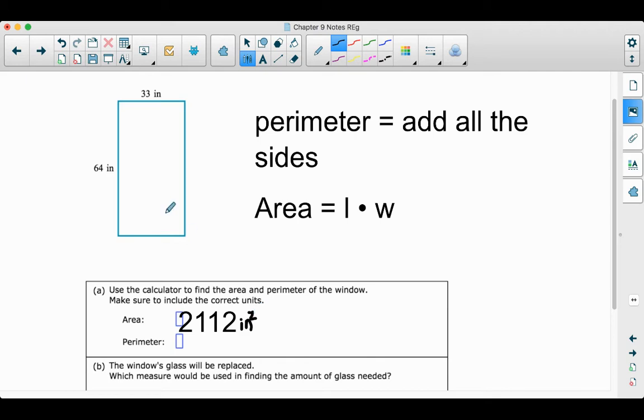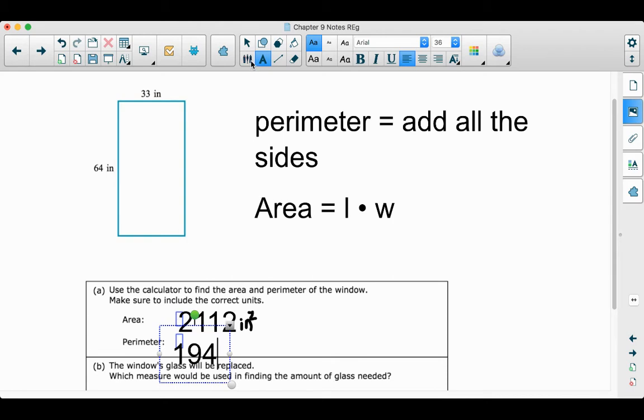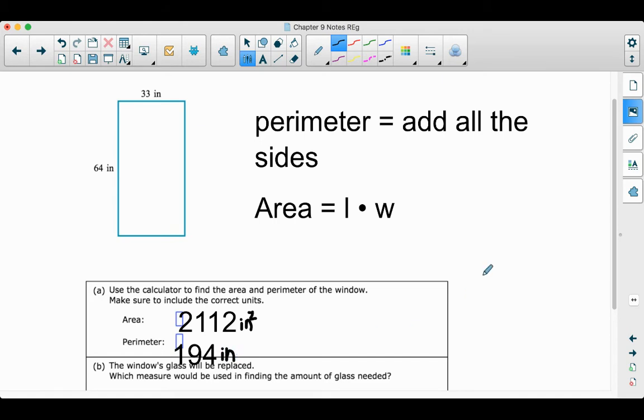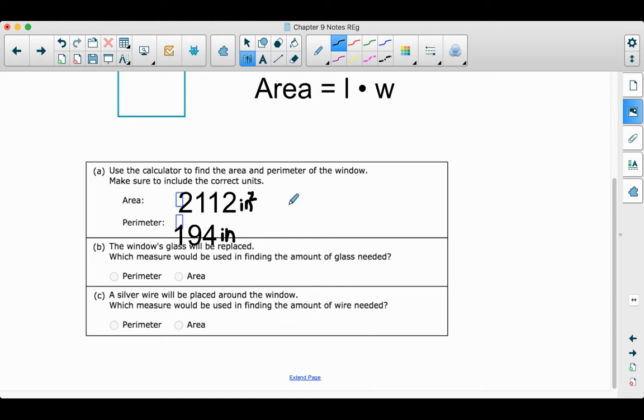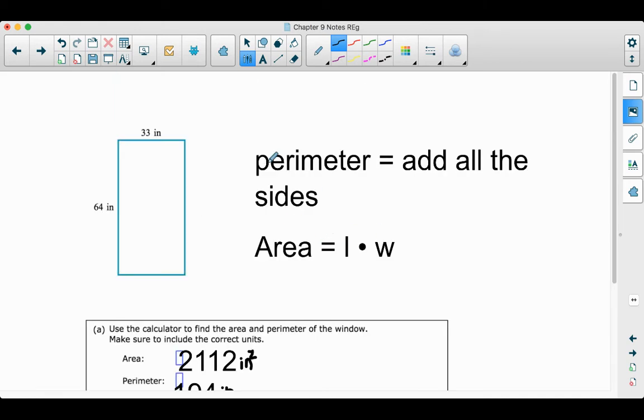I would do 33 plus 64 plus 33 plus 64, and I would get a perimeter of 194. Now, the big difference with perimeter and area is you got to remember, perimeter is not a squared unit. It's just the unit. So area is unit squared, perimeter is just the unit. Area is multiplying, perimeter is adding.